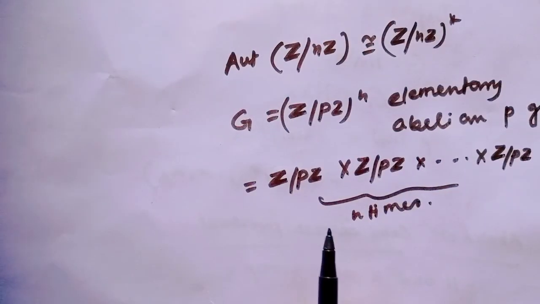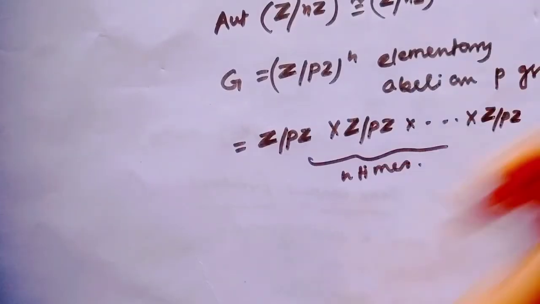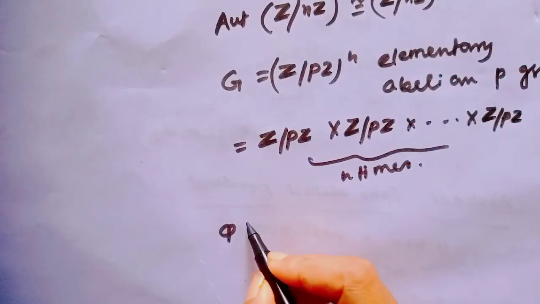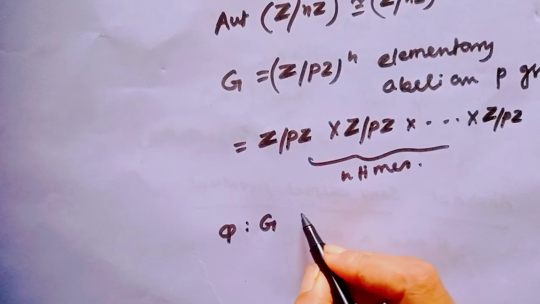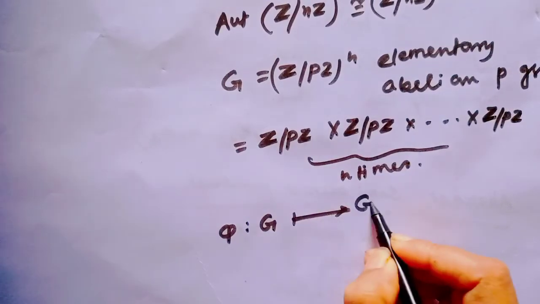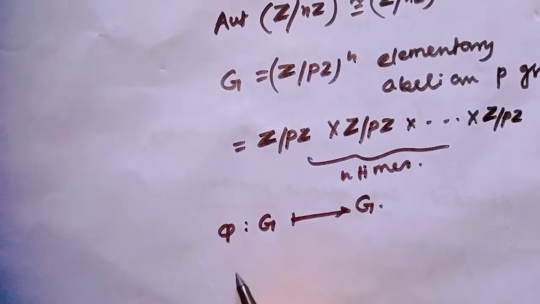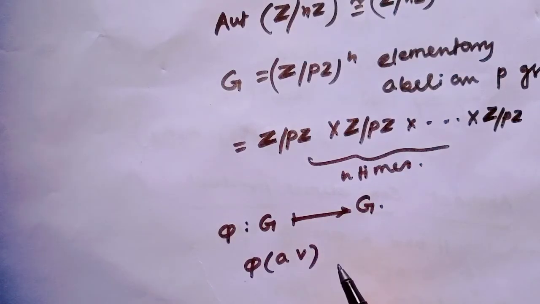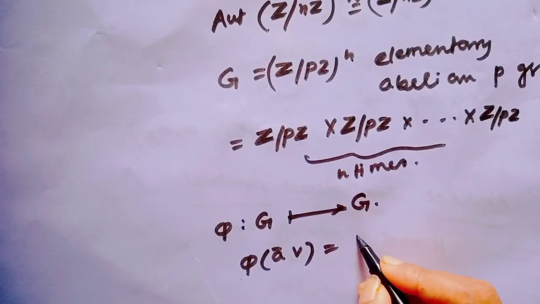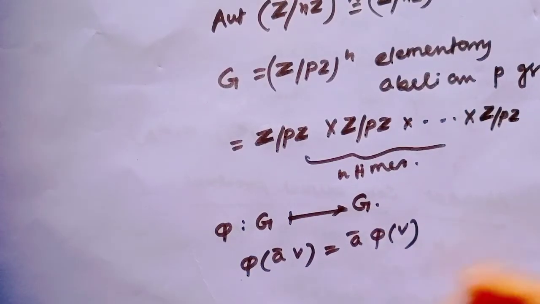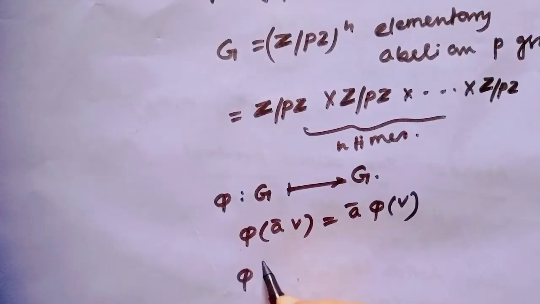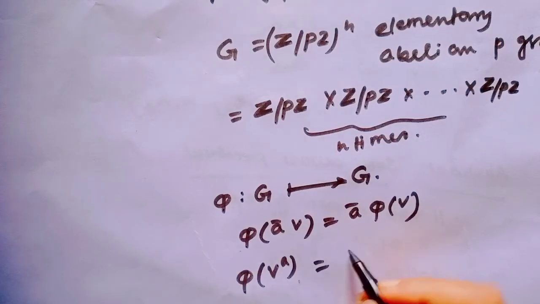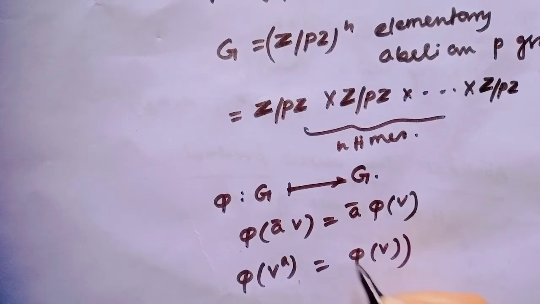And this is not only a group, this is actually the structure of a vector space, because we all of us know if there exists a homomorphism phi from G to itself, then phi of A times B, where A is any integer, by the property of homomorphism, is always equal to A times phi B, that is phi of B to the power A equals phi B to the power A.